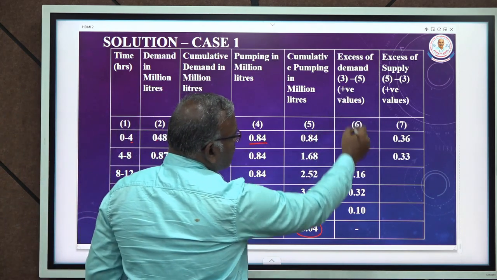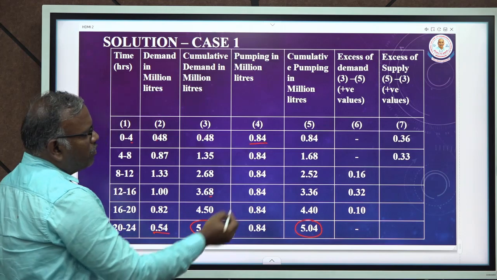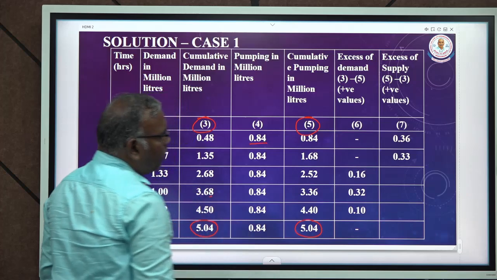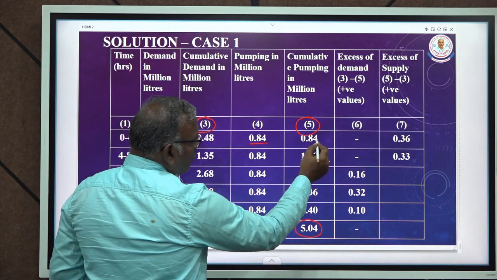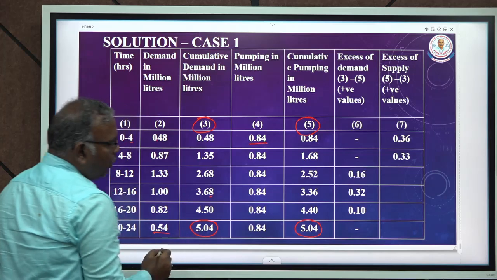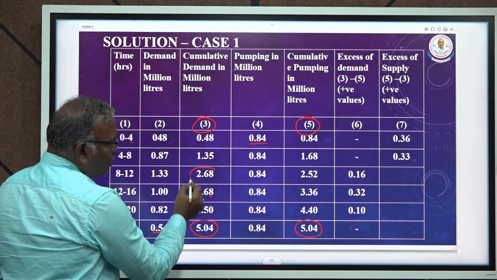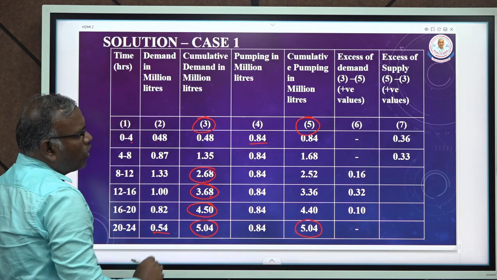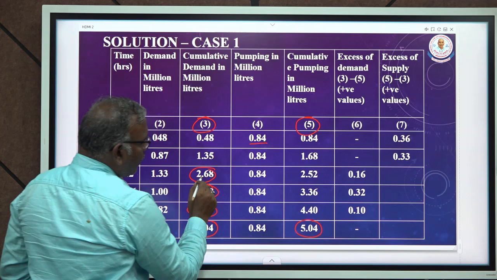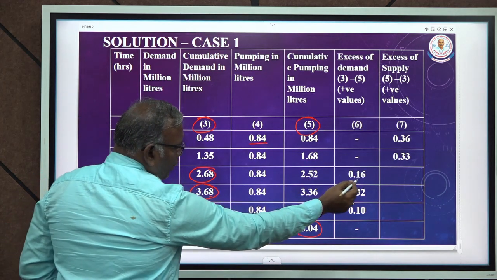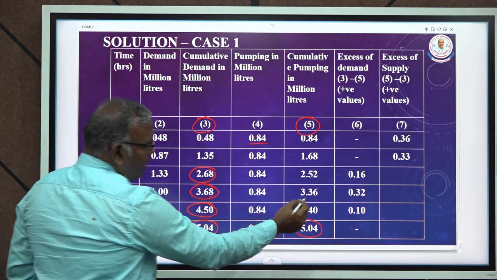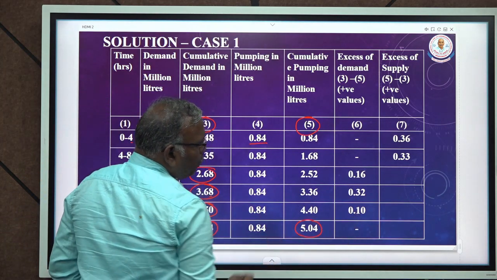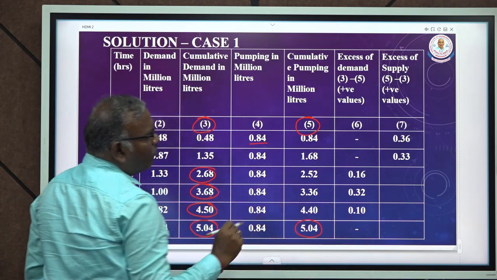Next, the excess demand: we subtract the cumulative pumping from the cumulative demand. For these three values, 2.68, 3.68, 4.5, there is excess demand. So we subtract 2.68 minus 2.52 to get 0.16, next 3.68 minus 3.36 gives 0.32, next 4.5 minus 4.4 gives 0.1. It is the excess demand.